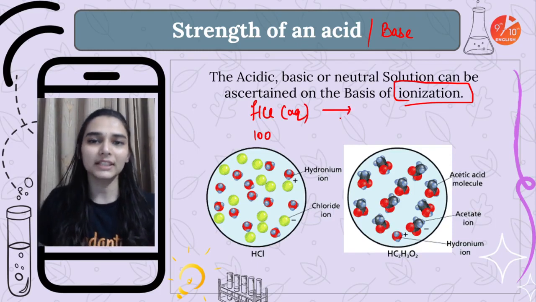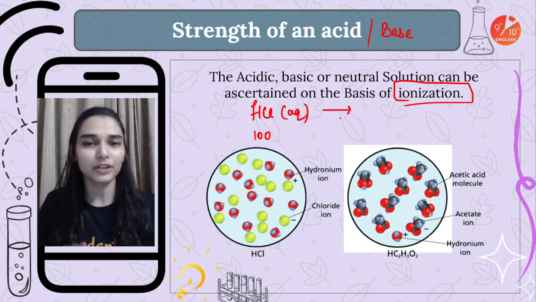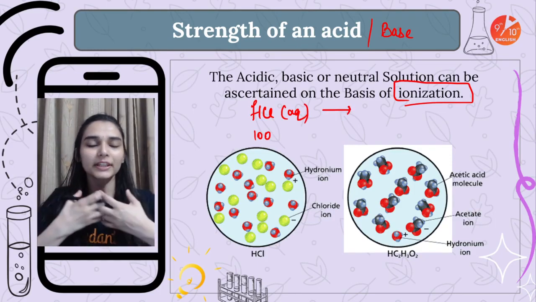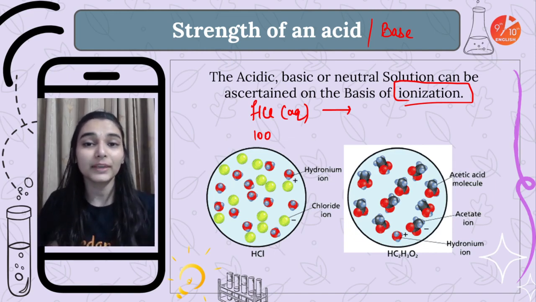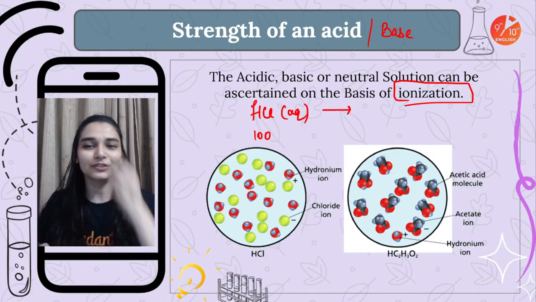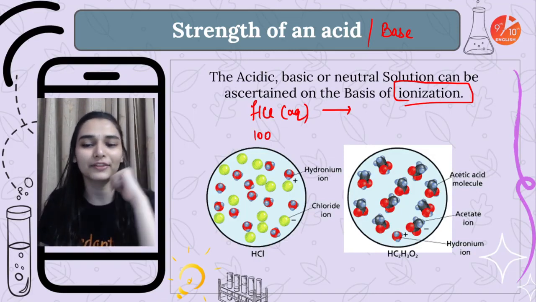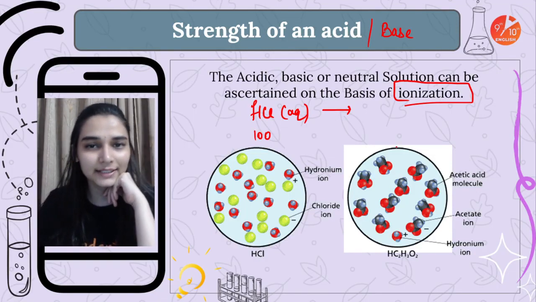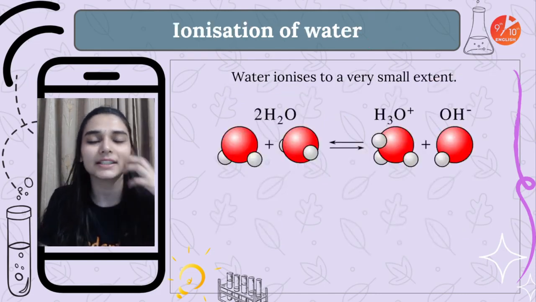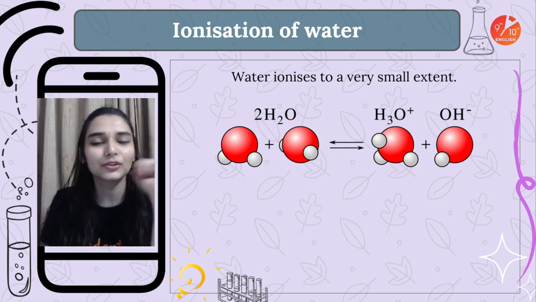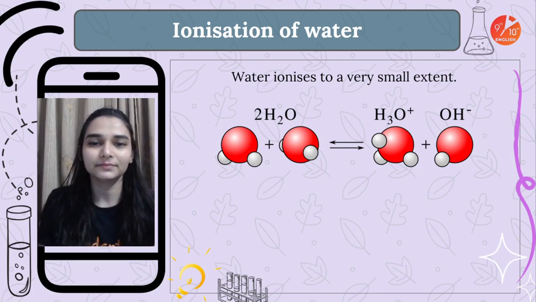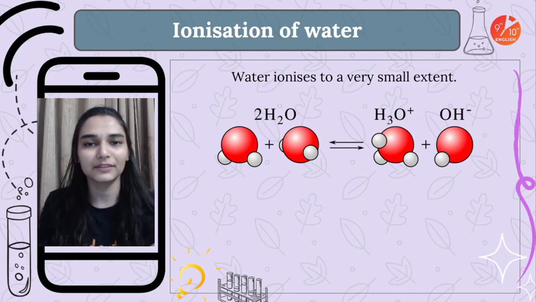Then I need to see how many of these 100 molecules of hydrochloric acid are actually breaking apart to give me H plus ions, right? So that is going to define the strength of an acid. Or if I have a base, then how many molecules of the base are going to ionize to give you OH ions, right? So depending on that, we define the strength of the respective acid or base.